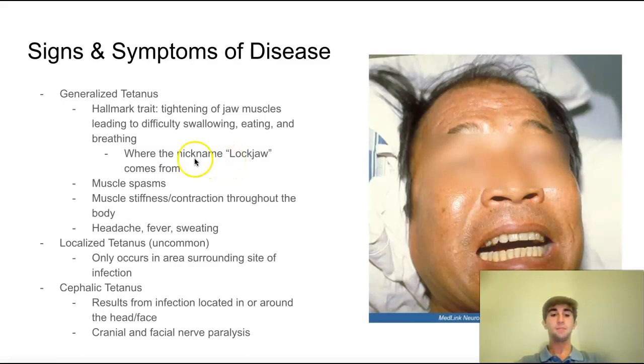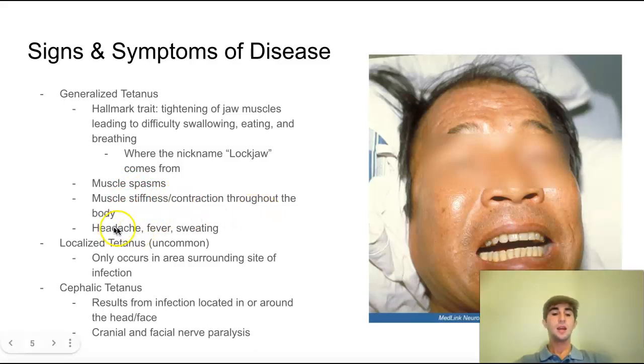It's another nickname, and it's because those inhibitory nerve terminals are being blocked by the tetanospasmin. These muscle cells are only receiving that excitatory neurotransmitter, and it's causing them to just contract all the time. This will happen throughout the body as well, throughout the skeletal muscle system, leading to spasms, stiffness and contraction throughout the body.